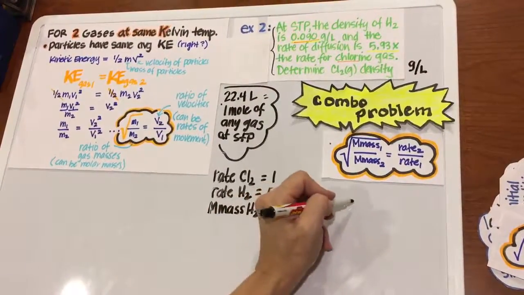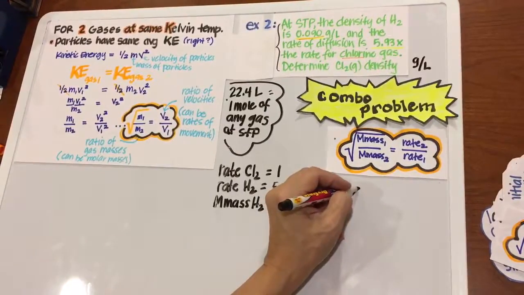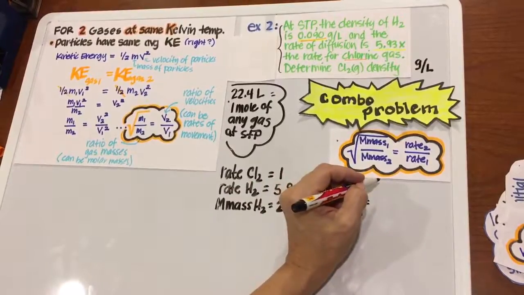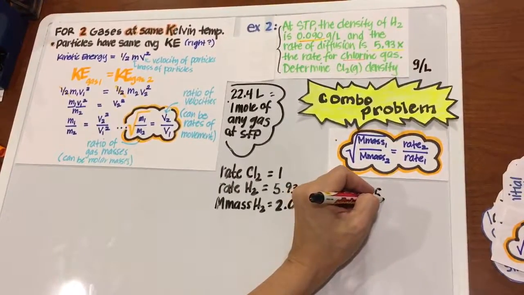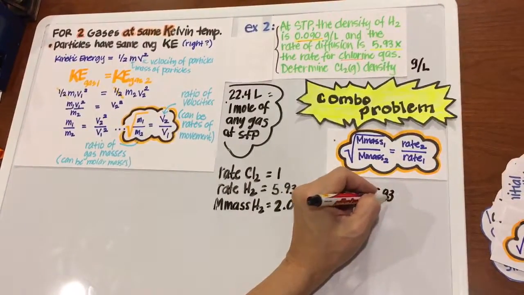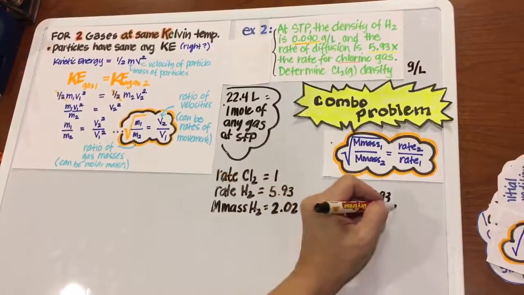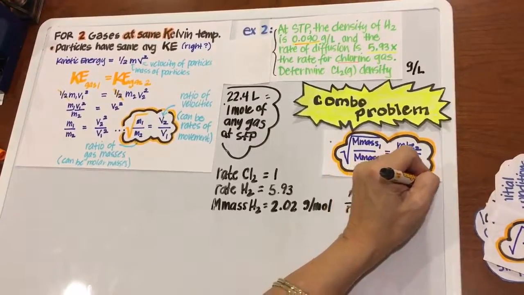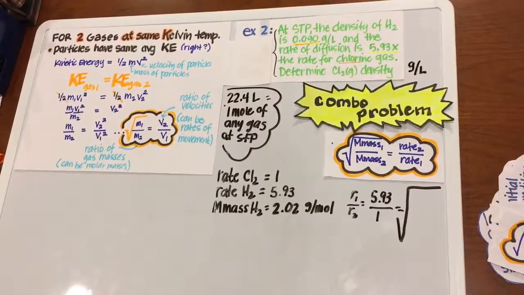So I'm going to do R1 over R2. That means 5.93 over 1 is going to be equal to the square root of the molar mass.